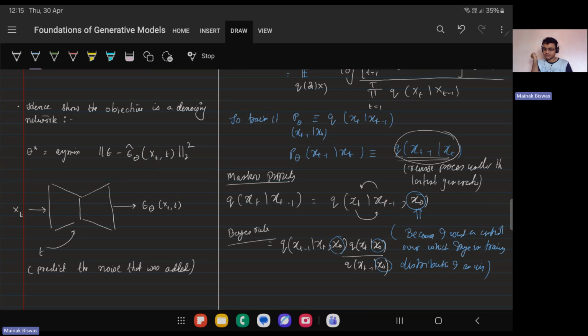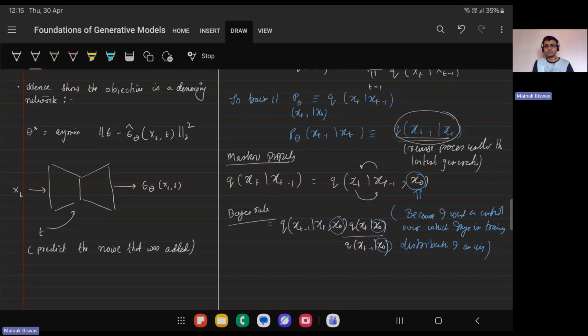That's the trick to remember if you have multiple conditioning variables. Anyways, you could write down the joint and also factor it out. It doesn't really matter.